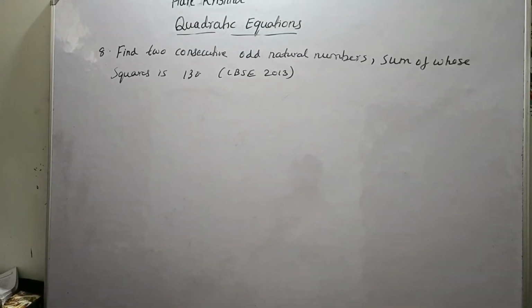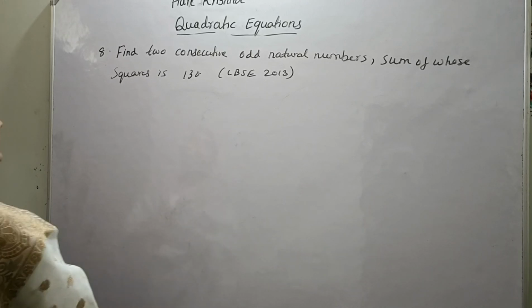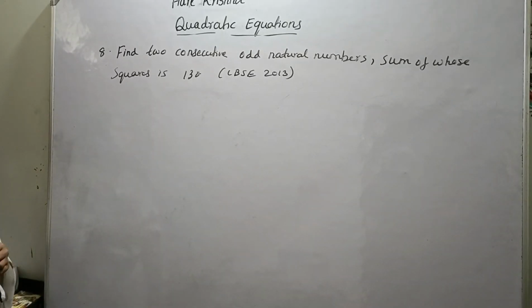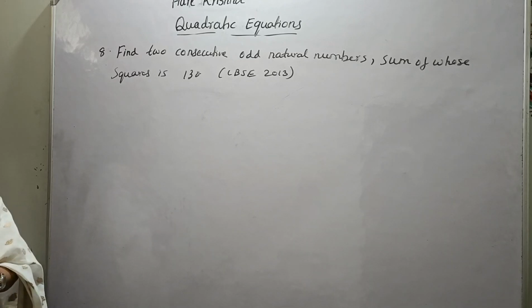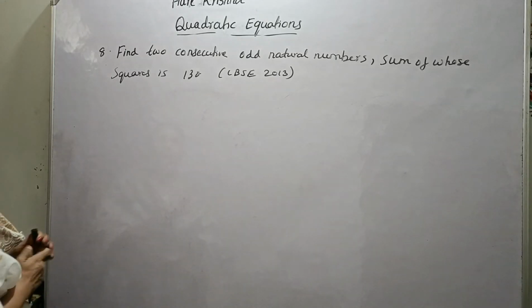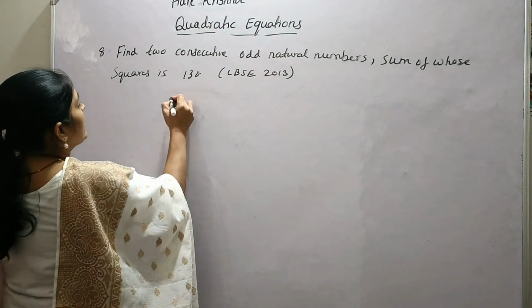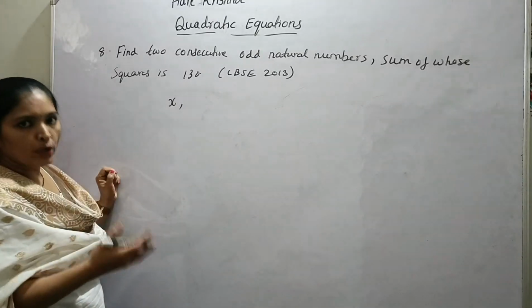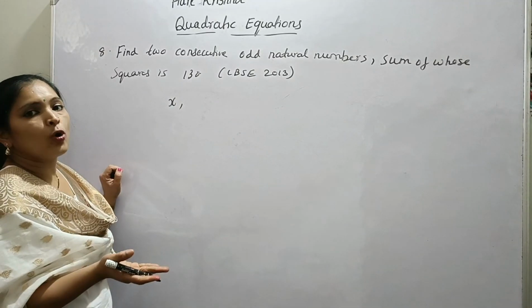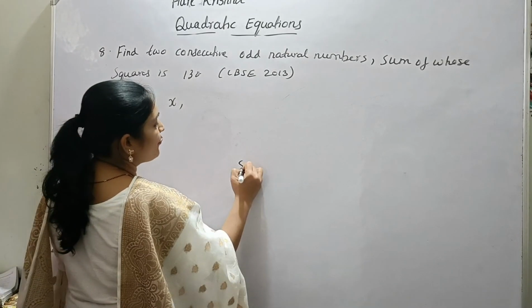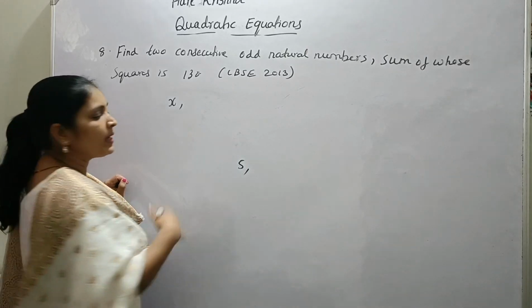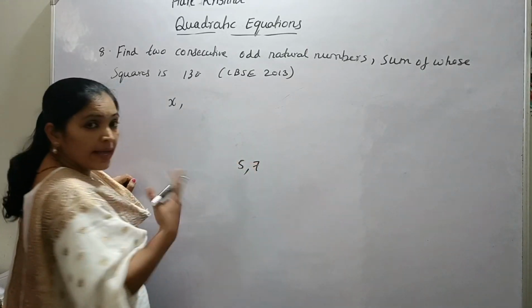Find two consecutive odd natural numbers, sum of whose squares is 130. So here we have to find the two consecutive odd natural numbers. So if x is the first odd natural number, then what is the next odd natural number? If 5 is the first odd number, then 7 is the next odd number, right?